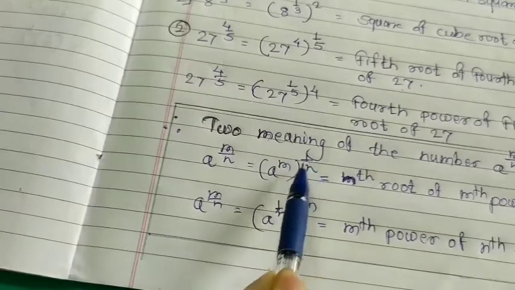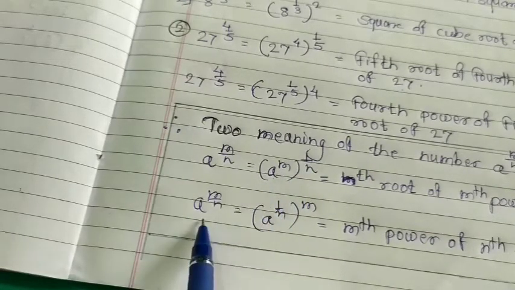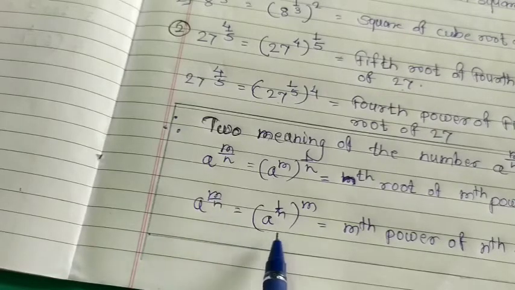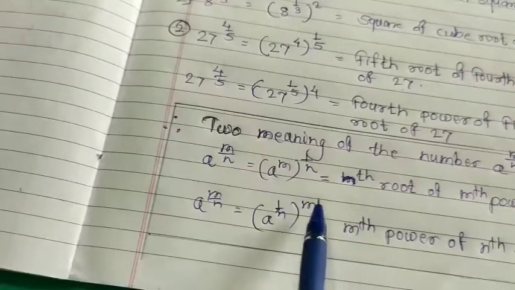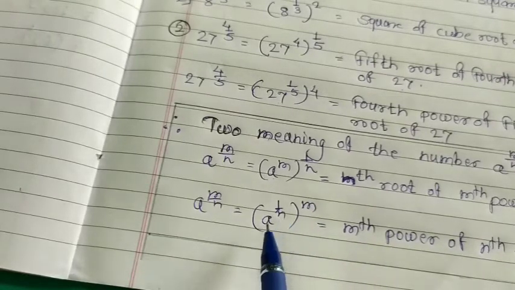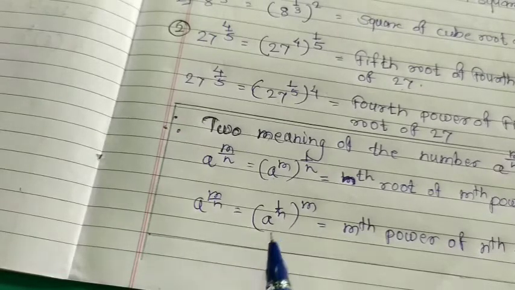By the second, (a raised to 1 upon n) raised to m, we get the mth power of the nth root of a. So by using this we are solving the practice set.